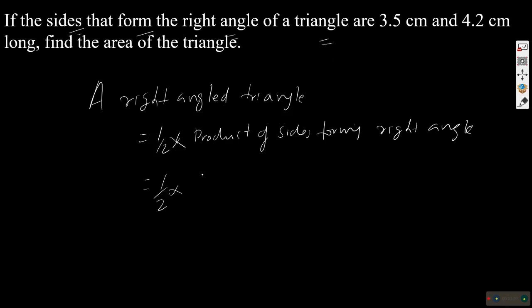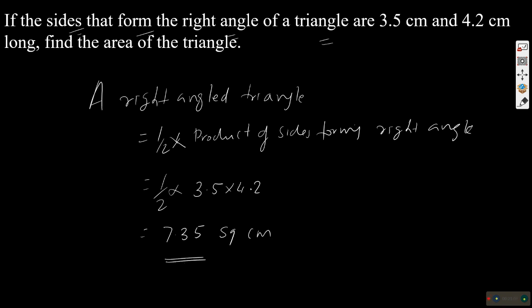You simply have to multiply 3.5 centimeter into 4.2 centimeter. You will solve it and get the answer, 7.35 square centimeter, on solving the sum.